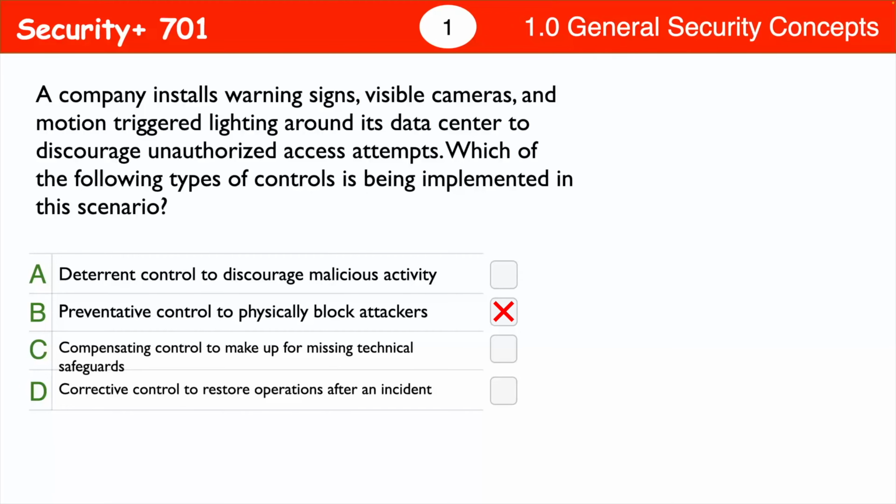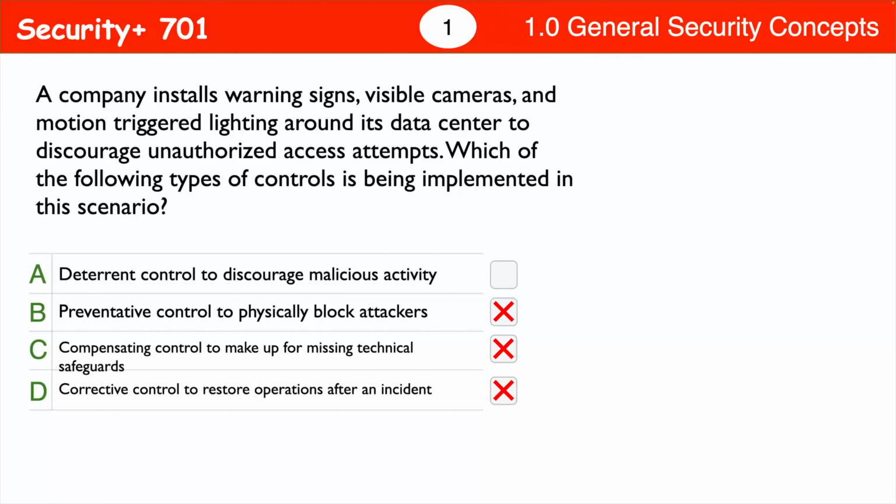Next, we can eliminate D, corrective control. Now, corrective controls help recover or repair after something bad has happened. Okay? And finally, we can eliminate C, compensating control. And a compensating control, those are alternative safeguards when a preferred one isn't feasible.